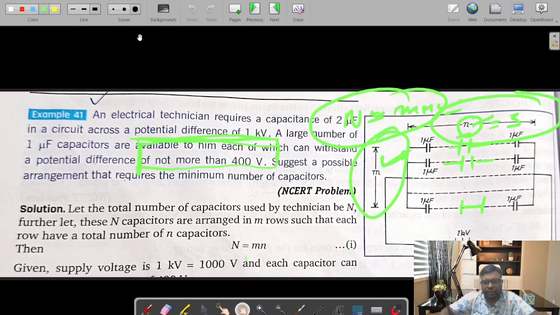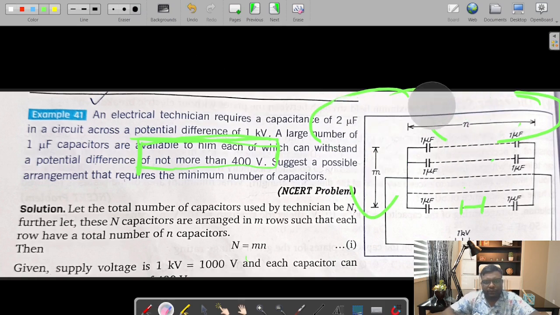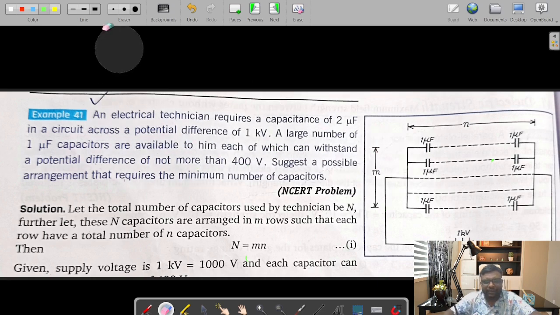So here, if you see the capacitors clearly, all these capacitors in a row are connected in series combination, and all these rows are in parallel combination.